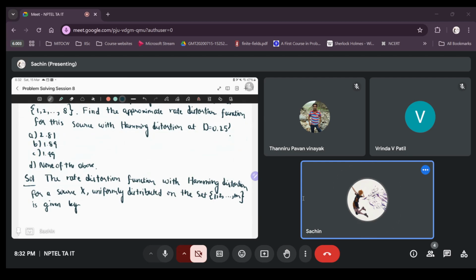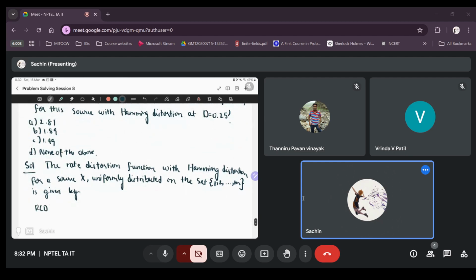In that case, the rate distortion is given by log of m to base 2 minus h of d minus d times log of m minus 1 to base 2 if your d is between 0 and 1 minus 1 over m. It is 0 if your d is greater than 1 minus 1 over m.